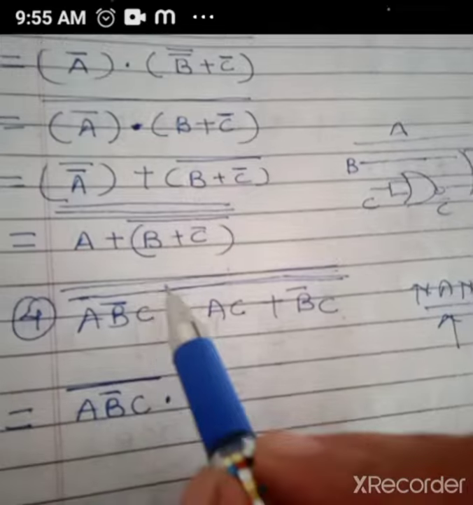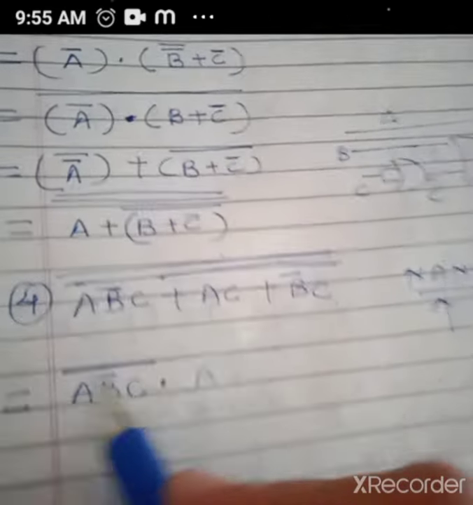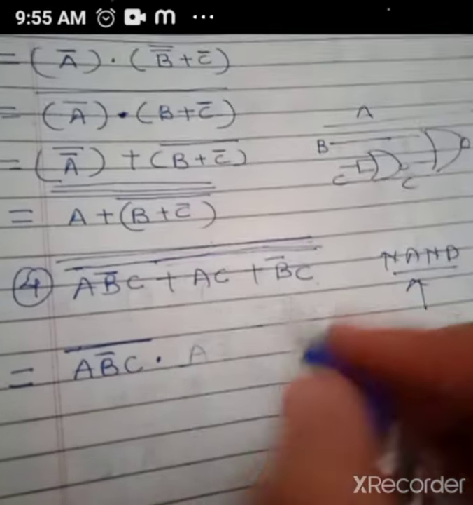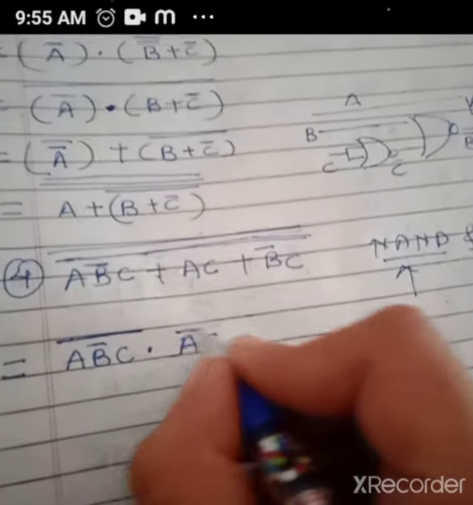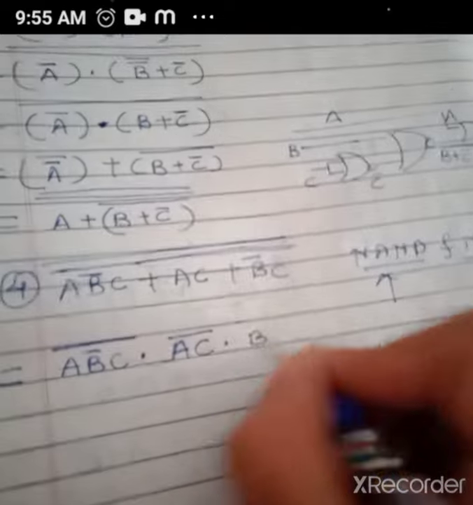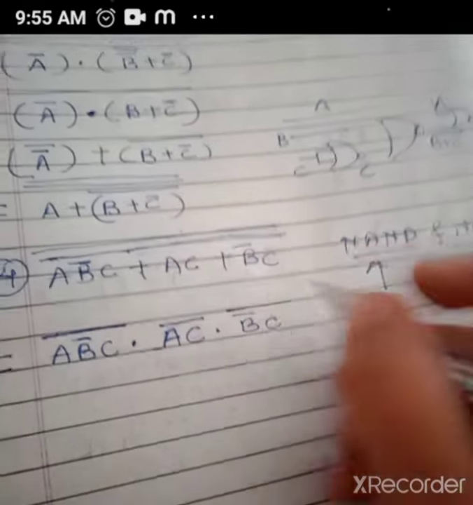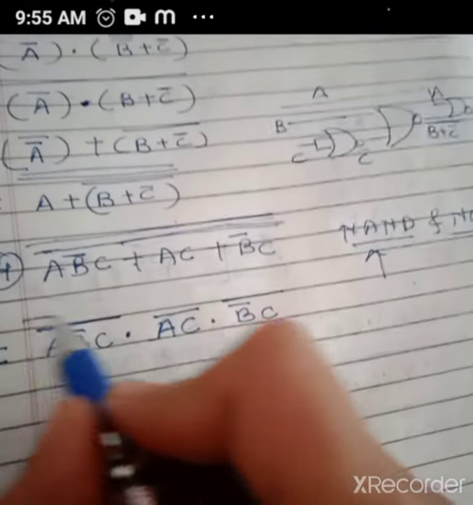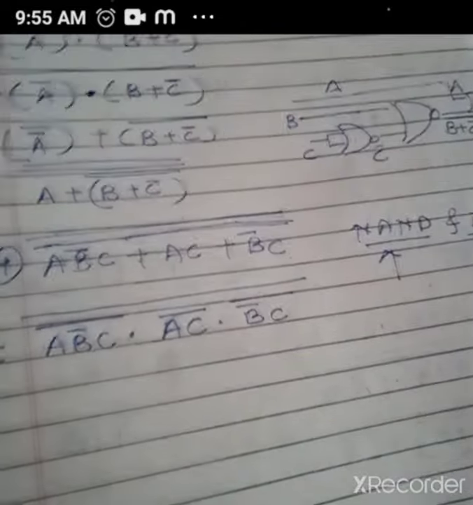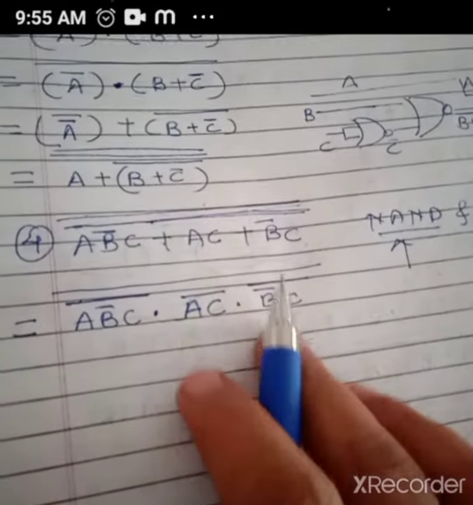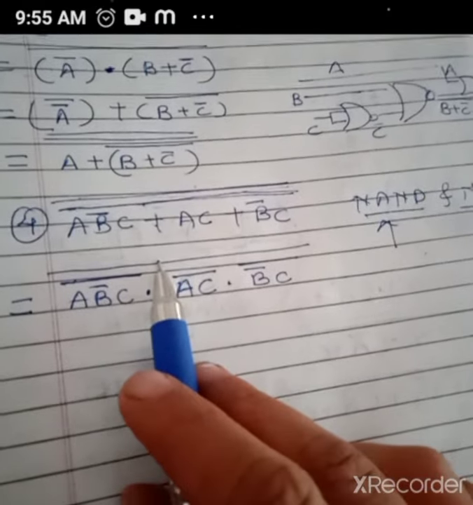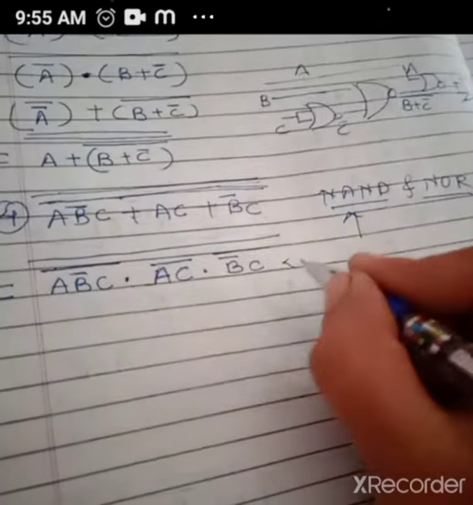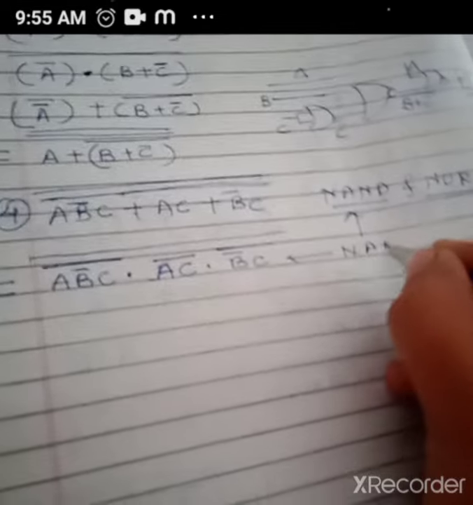This complement means this bar will go to each variable, each term, and this plus will get converted into dot, and the upper bar will remain as it is. Now see the equation, it contains only dots and complement. That means the equation is converted into NAND.